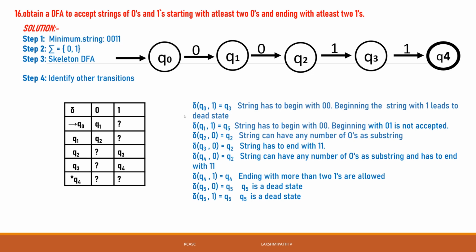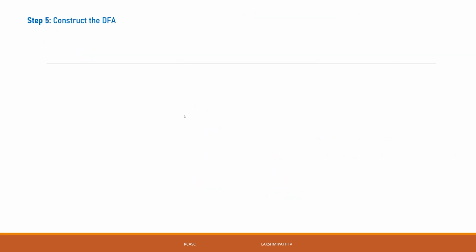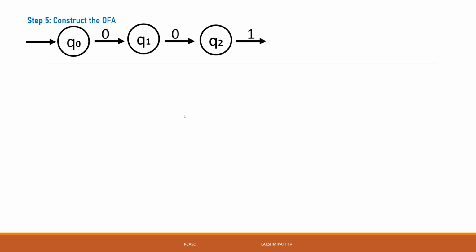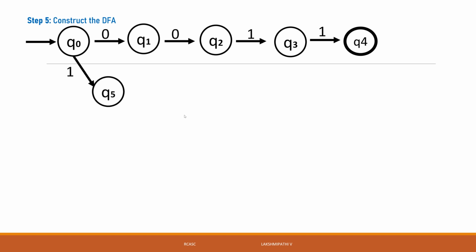Then how do you construct this? The transitions we mentioned, the same ones we need to use to construct the DFA. First we write the skeleton: Q0 of 0 is Q1, Q1 of 0 is Q2, Q2 of 1 is Q3, Q3 of 1 is Q4, and Q4 is the final state. Then Q0 of 1 is Q5, the dead state.